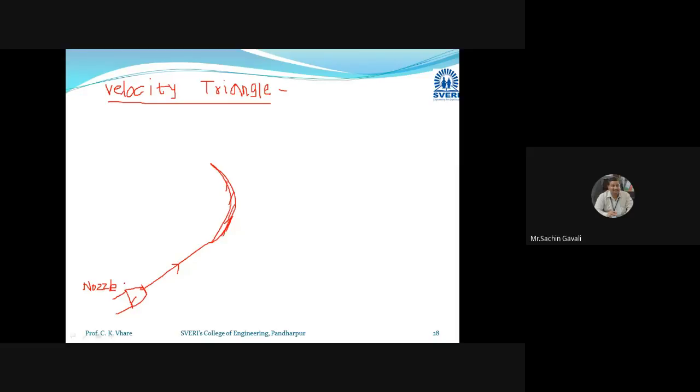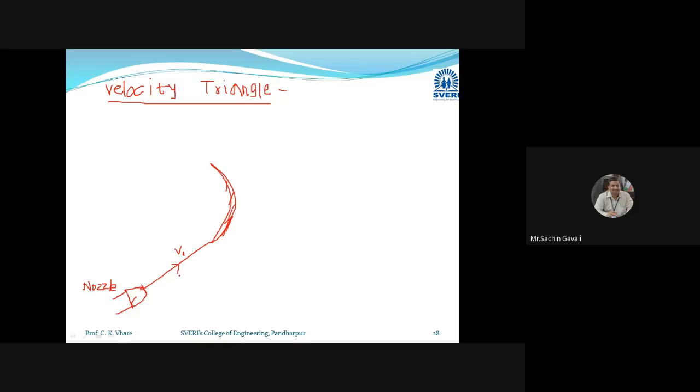Let us say this water is coming with a resultant velocity. Let us consider this as V1. Now this V1 has two components, which we can resolve.